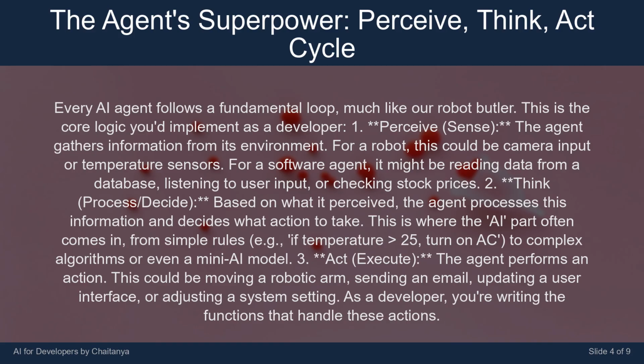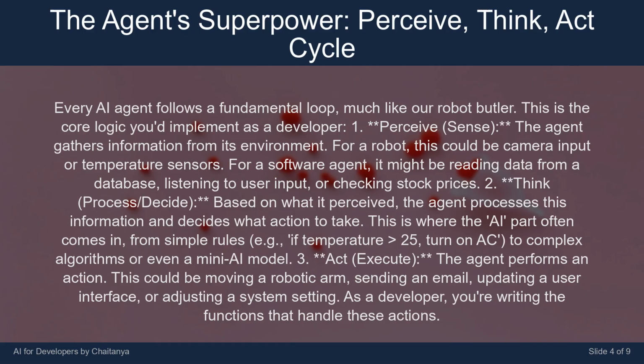2. Think. Process. Decide. Based on what it perceived, the agent processes this information and decides what action to take. This is where the AI part often comes in. From simple rules, e.g., if temperature greater than 25, turn on AC, to complex algorithms or even a mini AI model. 3.